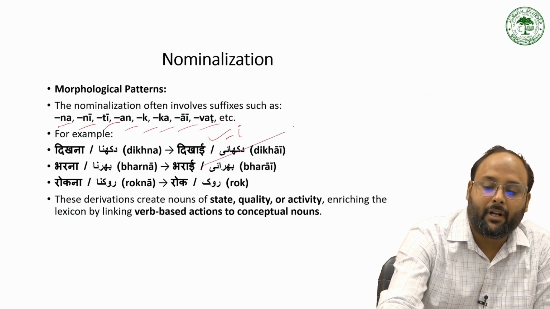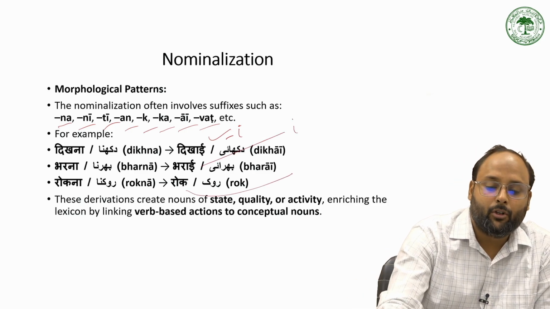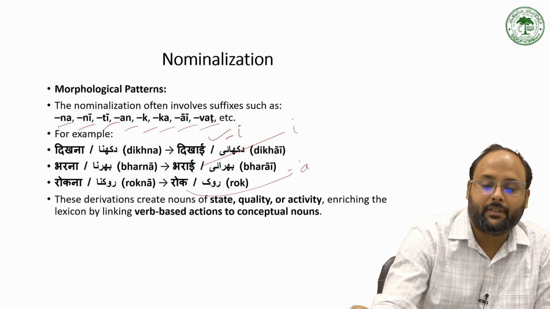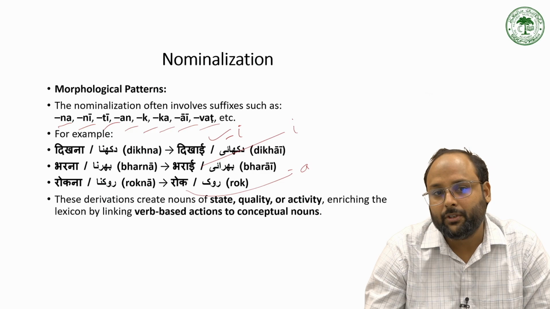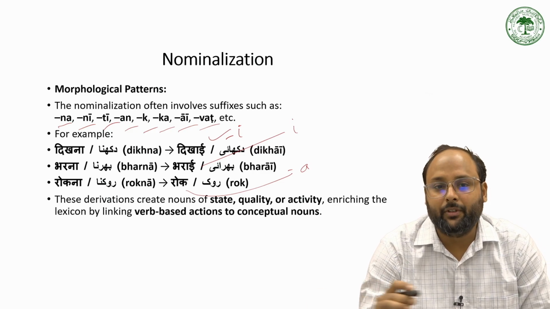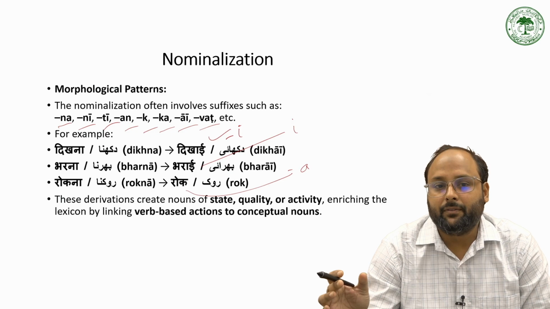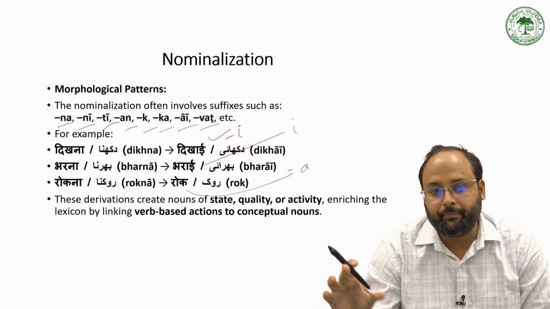Bharna becomes bharai, that is the ai suffix here. Rokna becomes rok, so there is a suffix here. These are suffixation processes, which come under the morphological process. We have some particular suffixes through which we can derive the noun from the verbs.